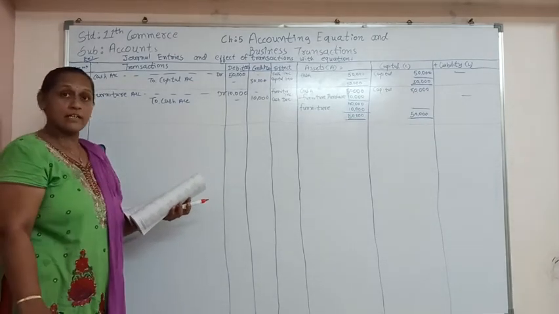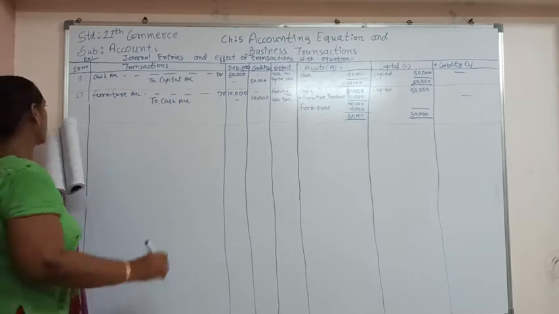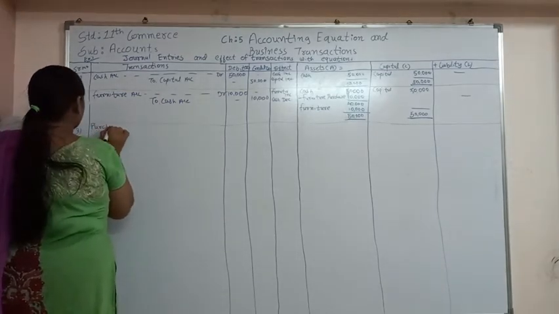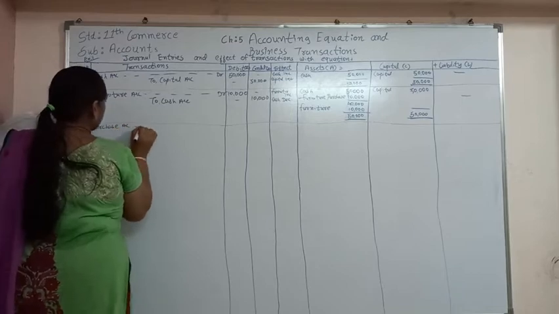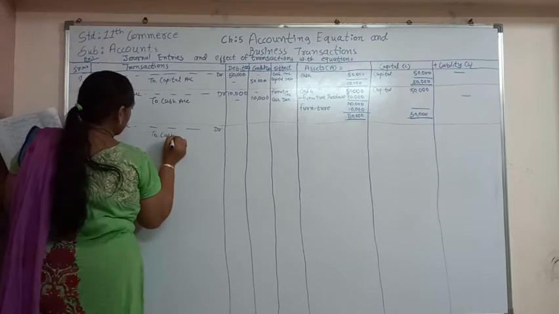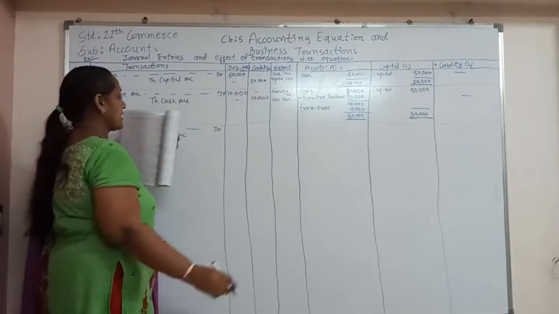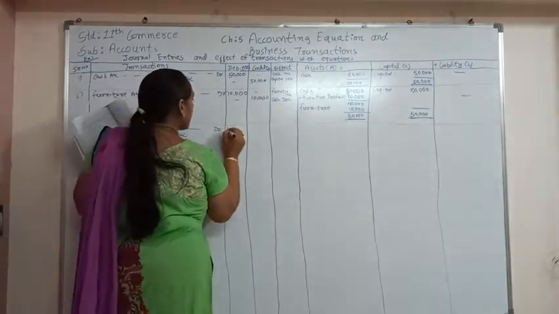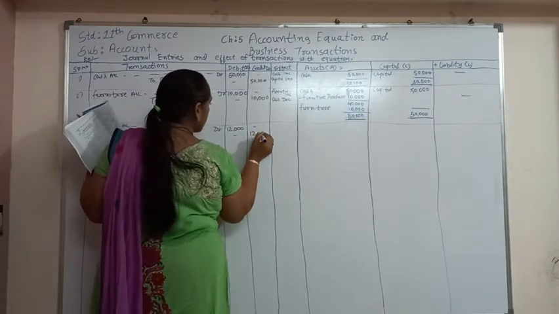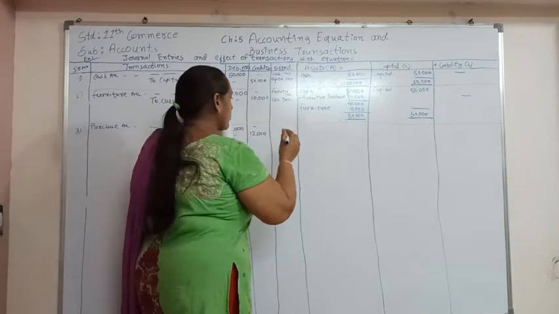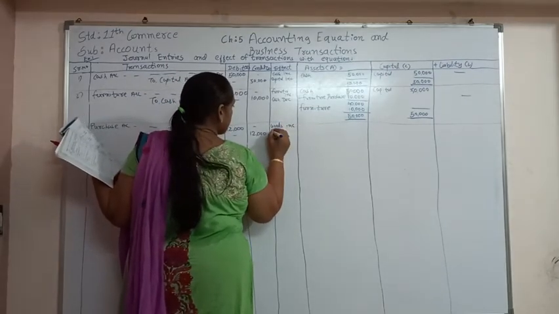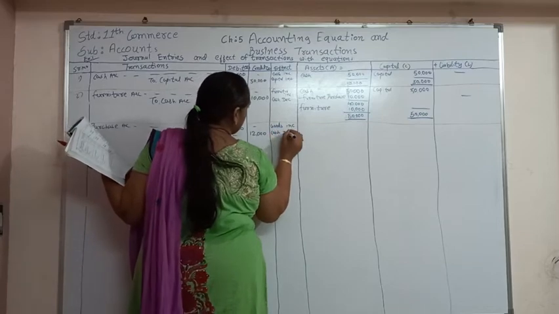For that, the journal entry will be purchase account debit to cash account. Because of the goods purchase, cash is going out of the business and goods is coming into the business. So goods is going to increase and cash is going to decrease.